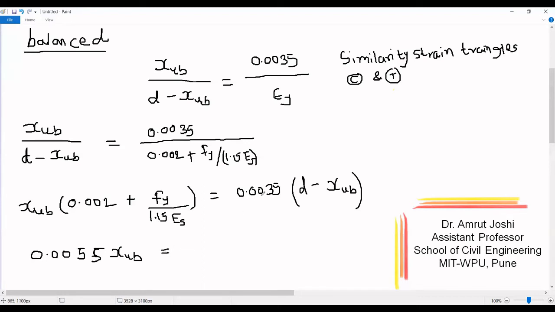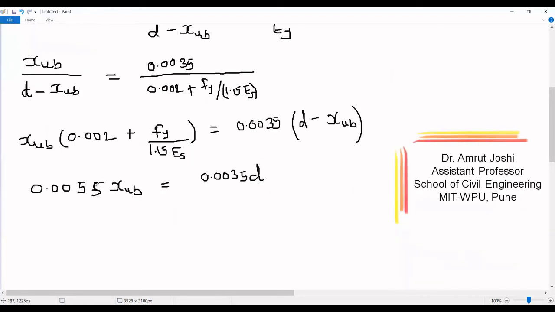This will be equal to 0.0035 times d. Of course, one term I missed here, so it is 0.0055 xub plus xub into Fy upon 1.15 Es.